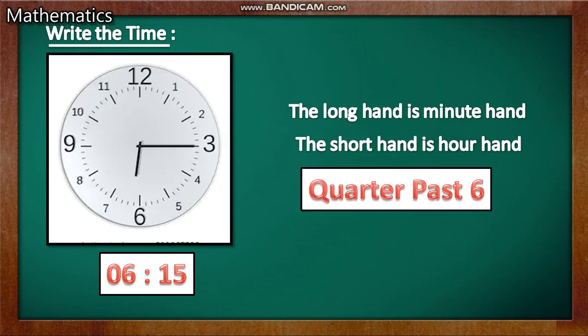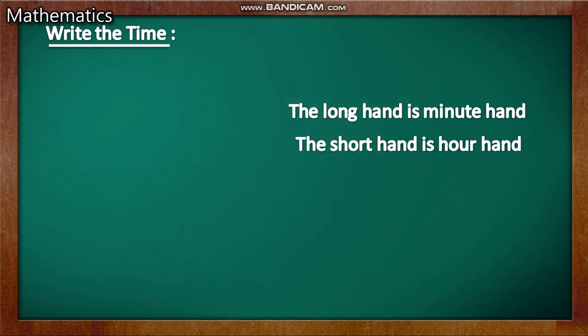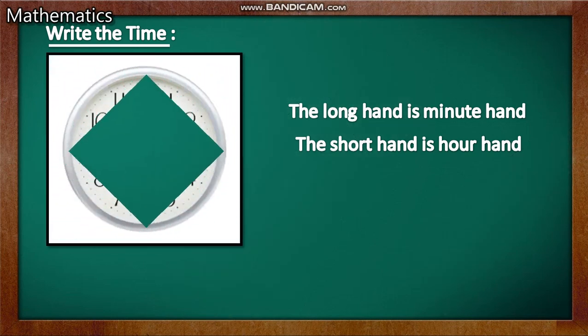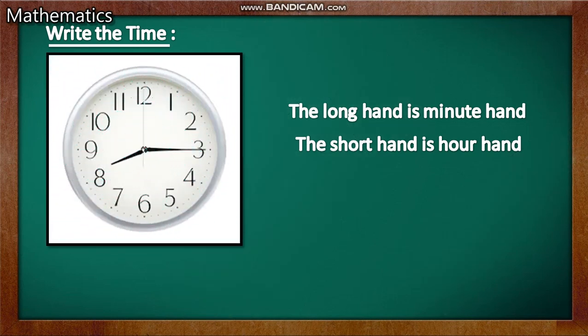I am showing one more. Where is the long hand? That is in 3 again in this picture. So you may say quarter past. Quarter past which? Here we want to find where the short hand is. The short hand is between 8 and 9.